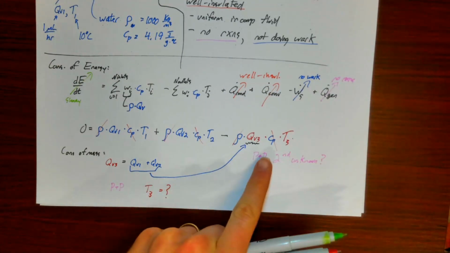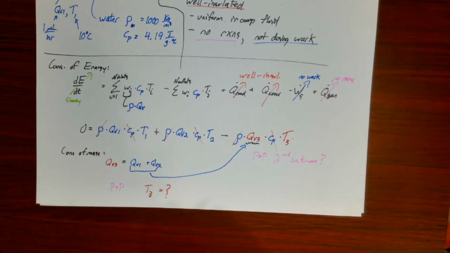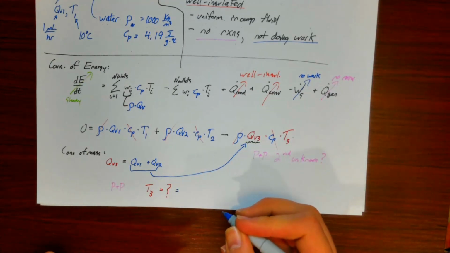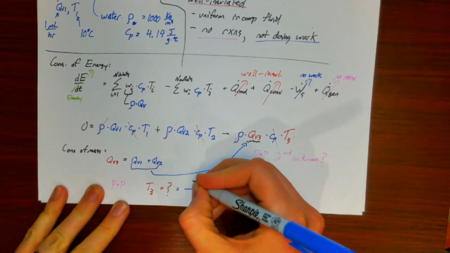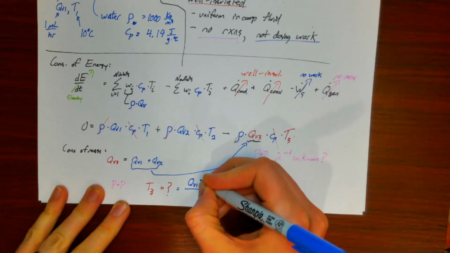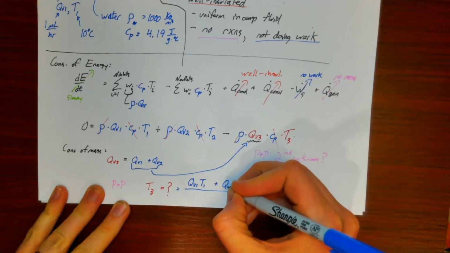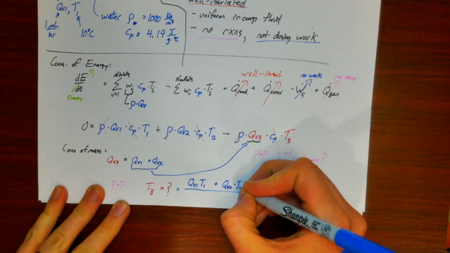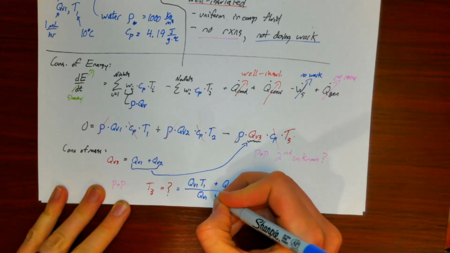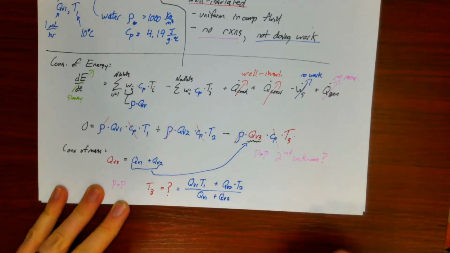We can sub in the QV1 and QV2 right here, and when you work it all out, you end up with T3 equals QV1 times T1 plus QV2 times T2, divided by QV1 plus QV2.